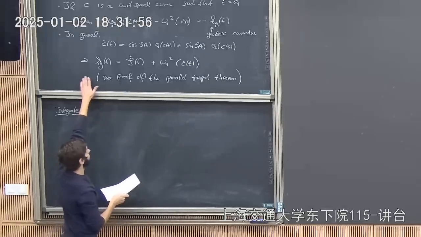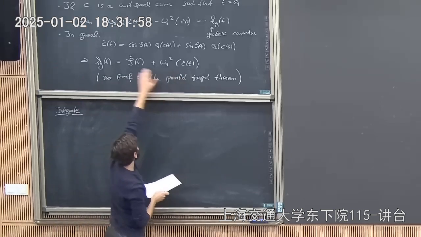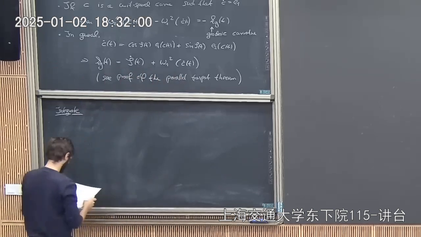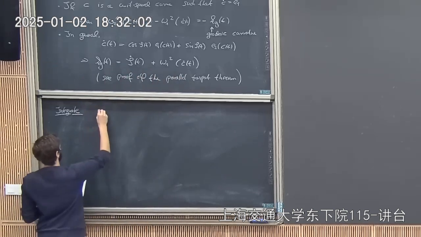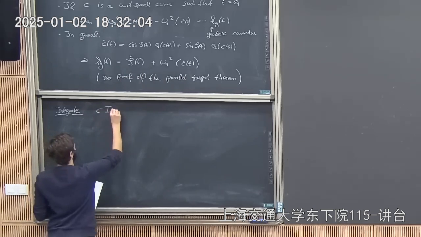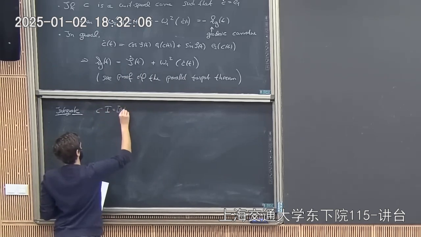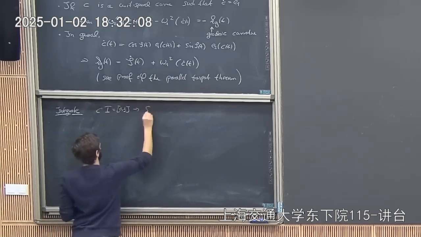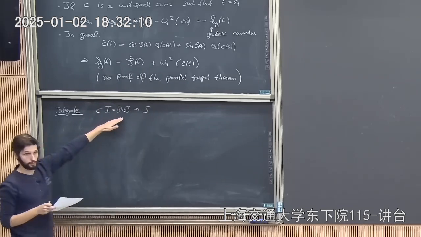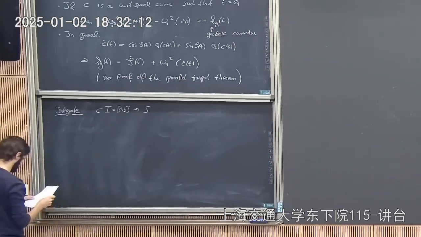We would like to get an answer in terms of these two data. Suppose that C is a curve from A to B in the surface. The interval is just from A to B for simplification.